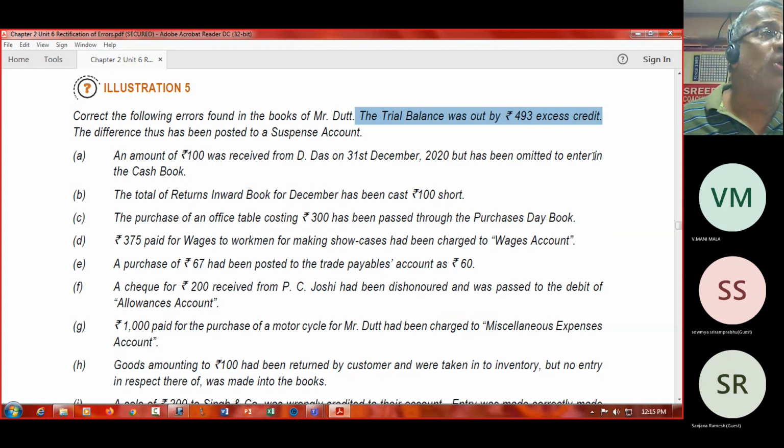Suspense account will be opened on the side in which there is a shortage. Therefore, suspense account will show debit.